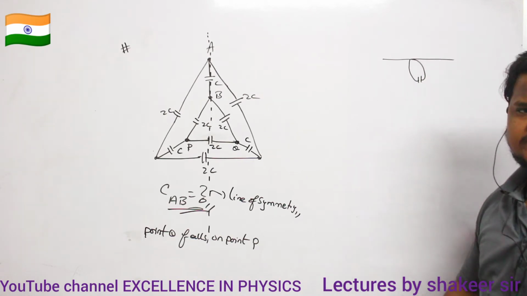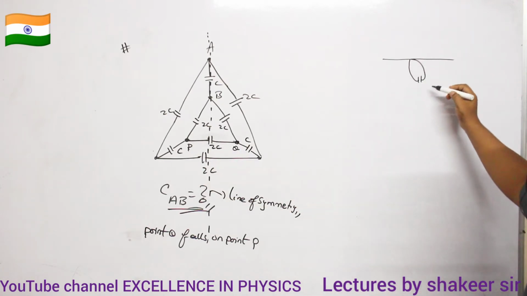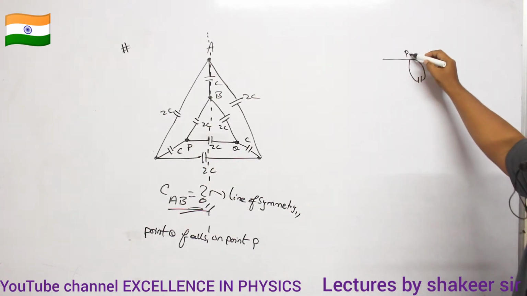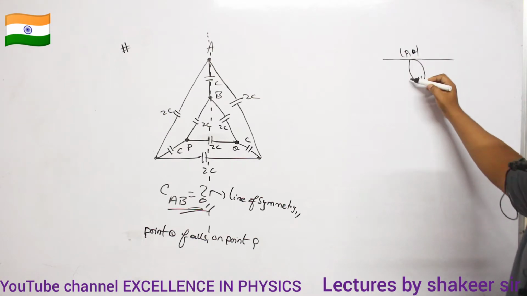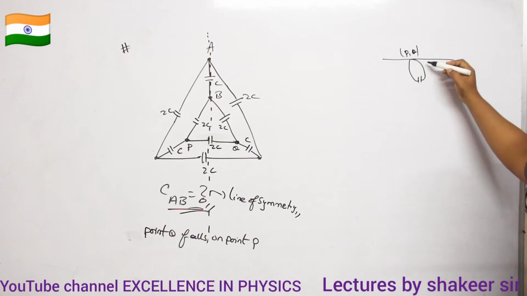When point Q falls on point P, this is the type of circuit which will be formed. So this becomes P comma Q. Now will charge enter into this capacitor or not? So this charge is present in a loop now.